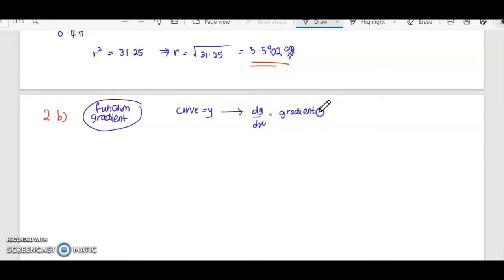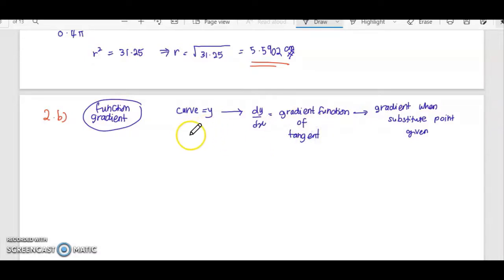Okay. So bila dapat gradient function, macam mana nak dapat value gradient? Kita akan dapat value gradient when we substitute point given.